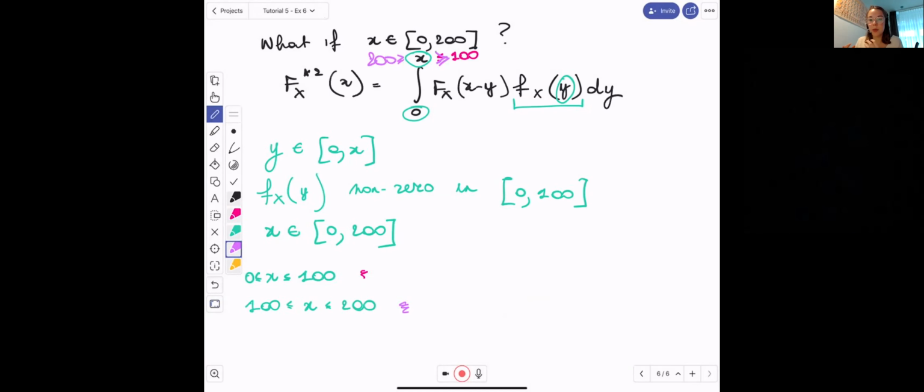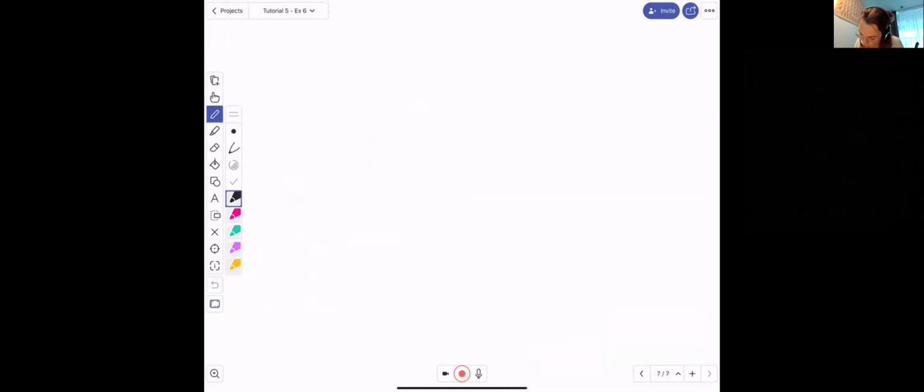So you need to distinguish between those cases where x takes a value between 0 and 100, and where x takes a value between 100 and 200.